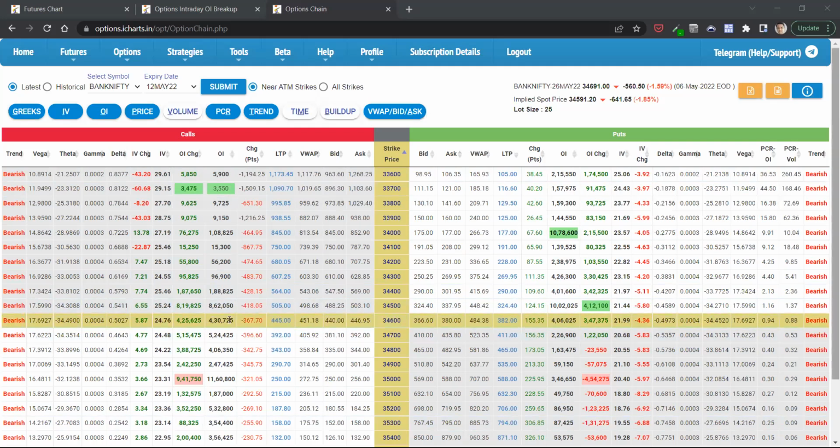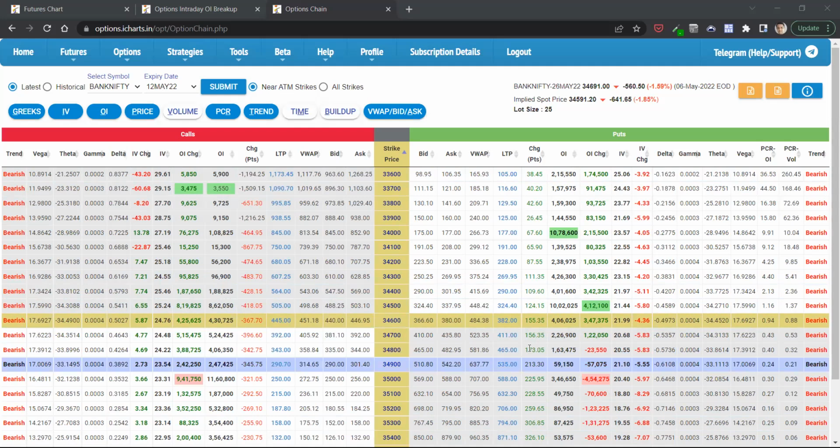If it is bullish on both sides, then it is bullish. And if one side is bearish and the other side is bullish, then the trend is sideways, or there is no significant trend. So this quickly gives you a snapshot, and this changes quite quickly. It depends on the OI buildup that is going on, the OI change specifically, and the price change.